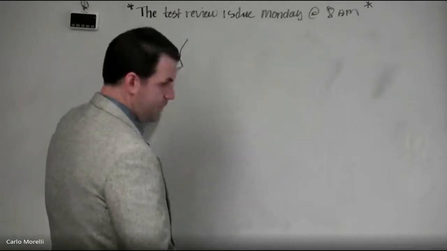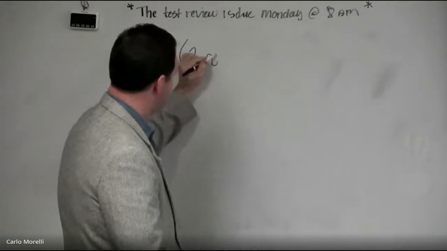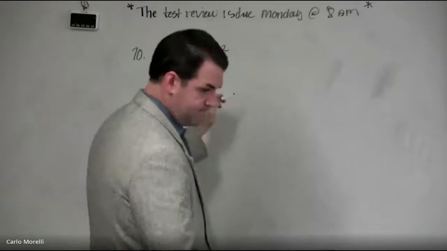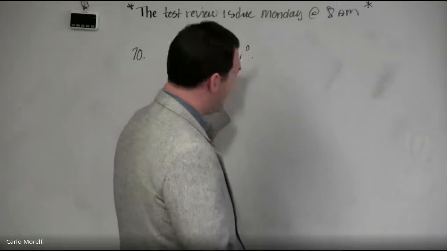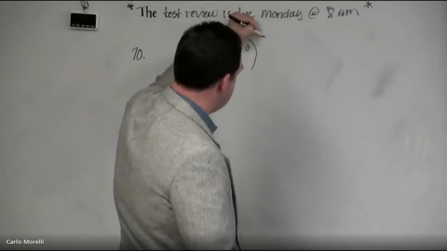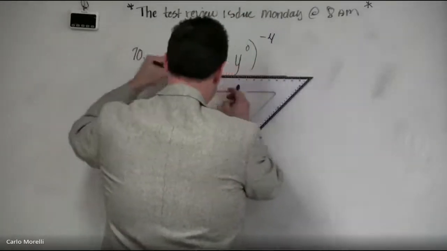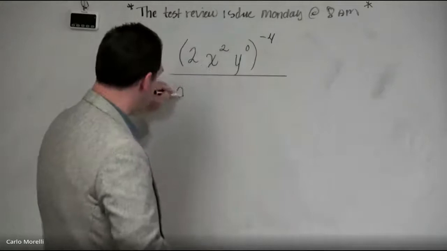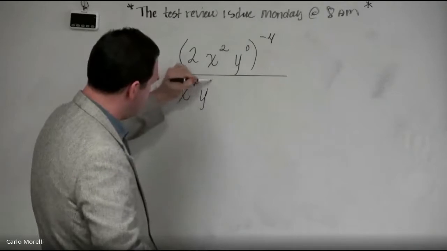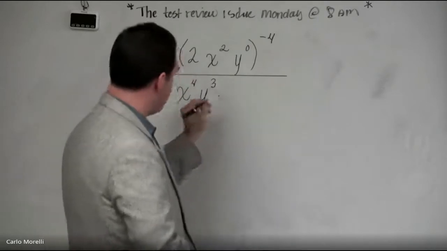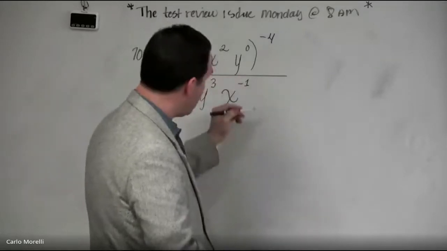You got the big open parentheses. 2x to the second, y to the 0, close parentheses, raised to the negative fourth, all over x to the fourth, y to the third, x to the negative first, y to the negative second.